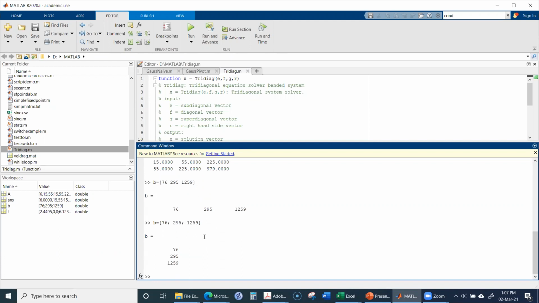If you want to find its solution by the LU decomposition, now I have found the L matrix like this.